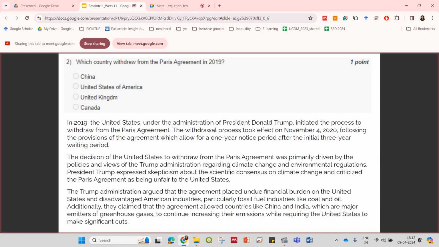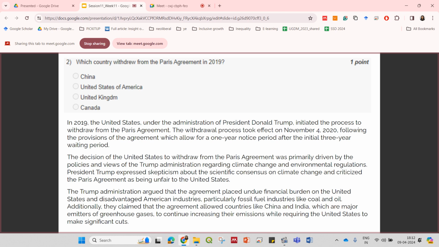And also, as we saw earlier, there were provisions for the developed countries to financially aid the developing countries in mitigation and adaptation action. So again, this also placed a financial burden on the developed countries. So all of this was taken as unfair and undue by the US administration, and that is why in 2019 they withdrew from the Paris Agreement.